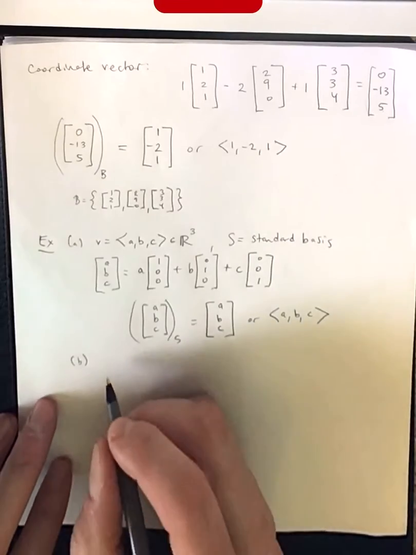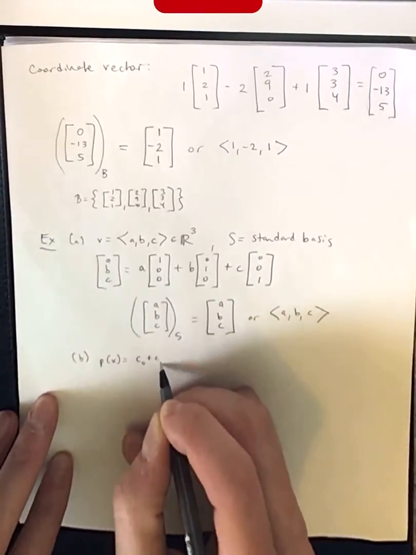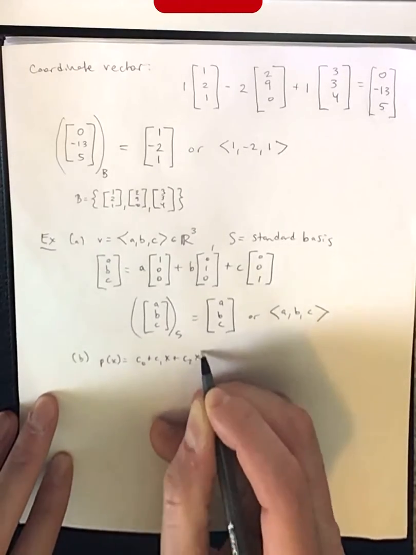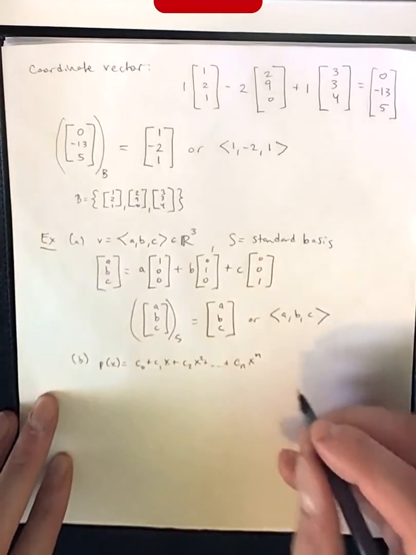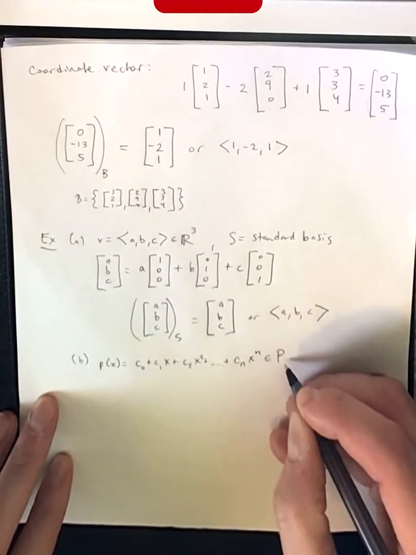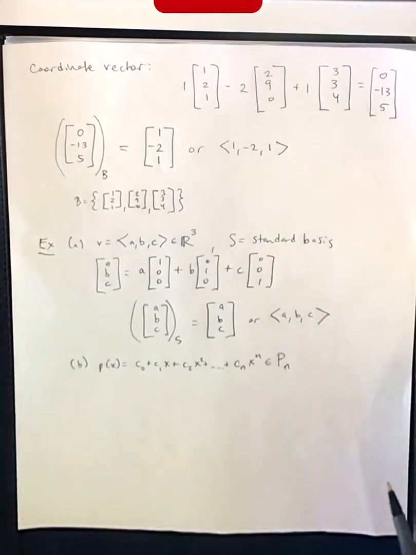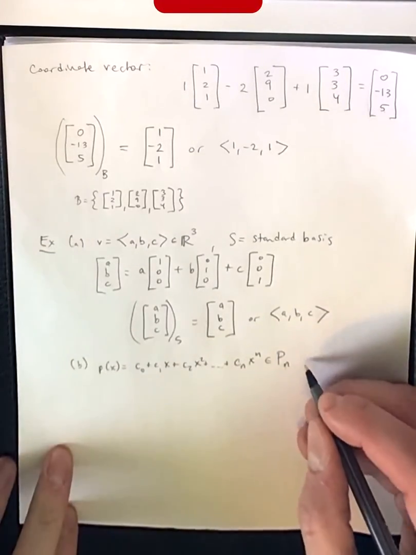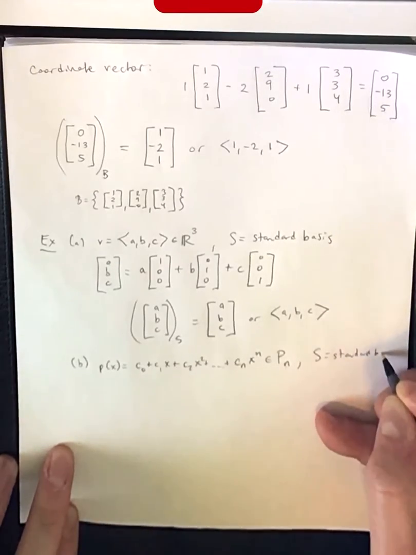So for the second example, we had a polynomial, C0, C1x, C2x squared, all the way up to Cn x to the n, and that is in Pn. Remember, that's the set of polynomials degree n or less. And let's use the standard basis one more time.